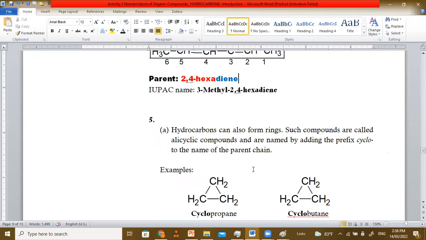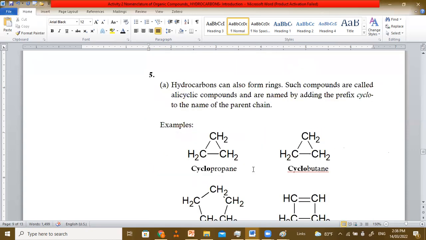Okay, what else? Hydrocarbons can also form rings. You still count the number of carbon atoms. A hydrocarbon that forms a ring, we call an alicyclic compound, or simply a cyclic compound.